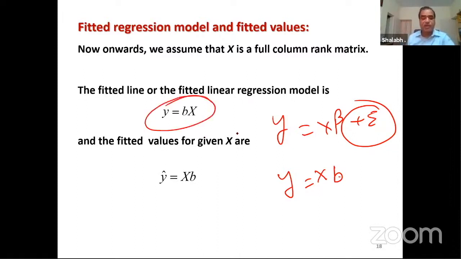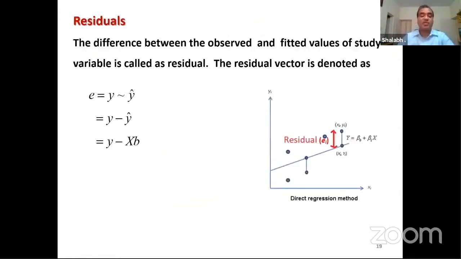And if you take any given value of your x and substitute it here, it will give you the fitted values, right? Just like you had obtained the value of y after substituting the value of x, and you had obtained the residual. Earlier the residual was the difference between the observed and fitted values. The same thing I will do here also. This is my observed value and this is my fitted value, and I take the difference of the two, right?